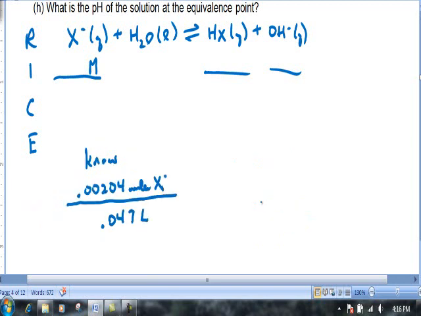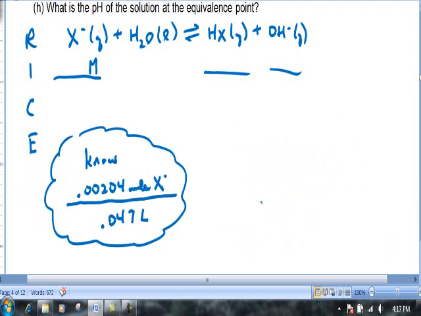So here's what we now know. We have 0.00204 moles of salt, which is the same as our moles of acid, which is the same as the moles of base added to neutralize the acid, and it's present in 0.047 liters. The volume being the initial acid volume plus the volume of sodium hydroxide that was required to neutralize the acid and turn it into salt.